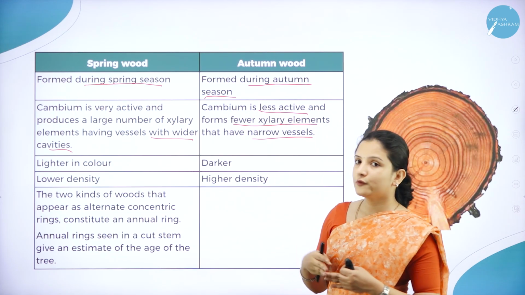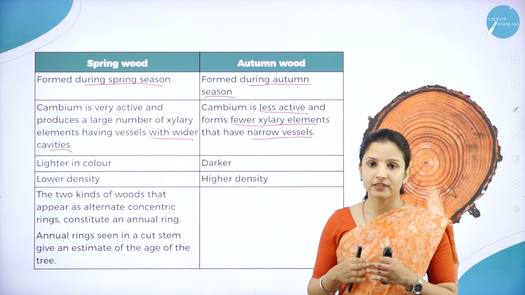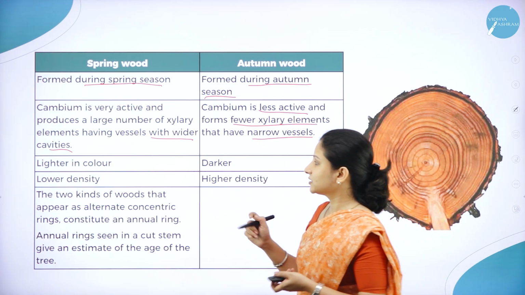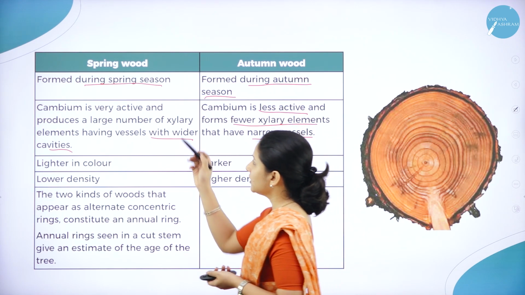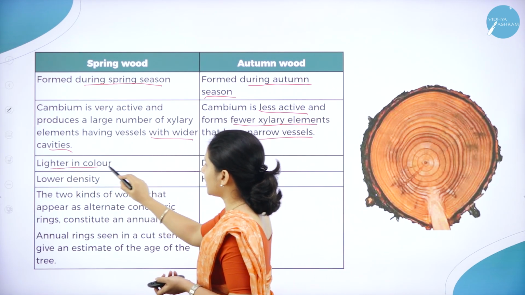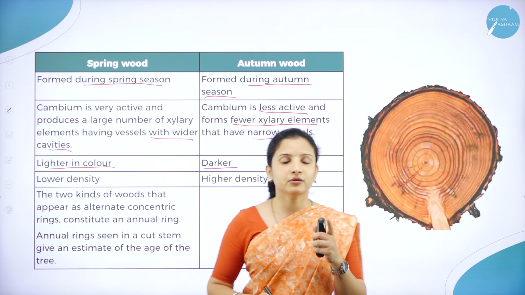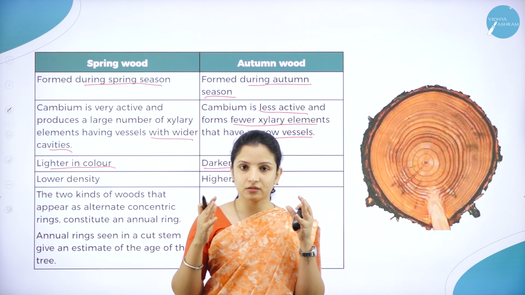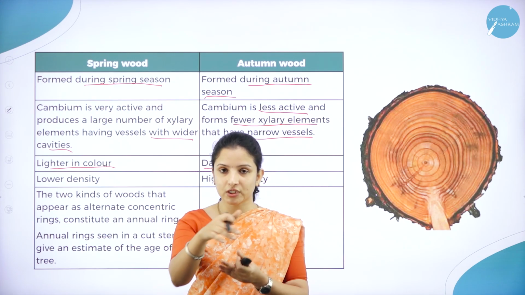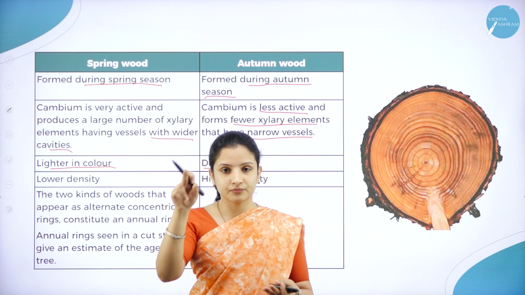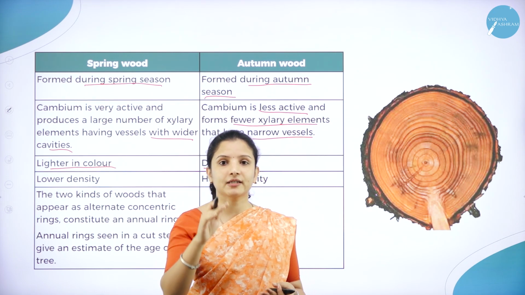But the autumn wood has very narrow vessels because the cambium is less active in this particular case. And when talking about the color, the spring wood is lighter in color and the autumn wood is usually darker in color. I told you, when a huge tree is cut, if you just see the girth or inside region, you can find circles which are dark and light in color.